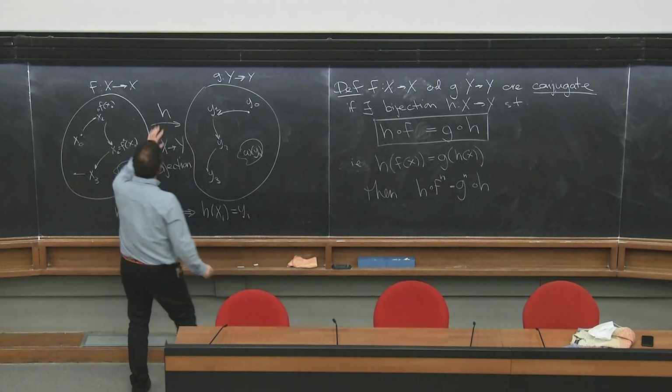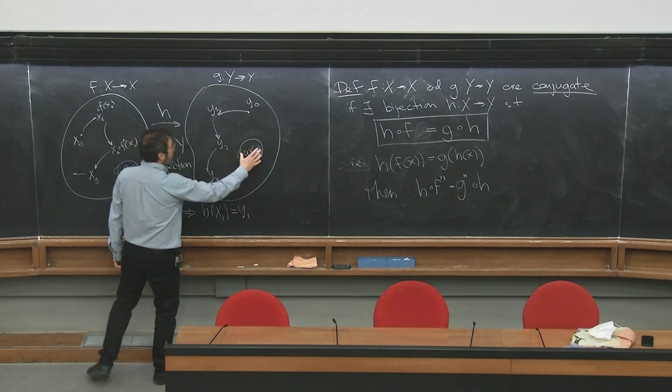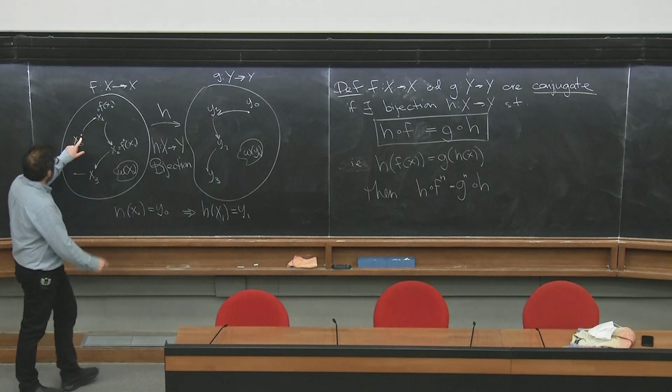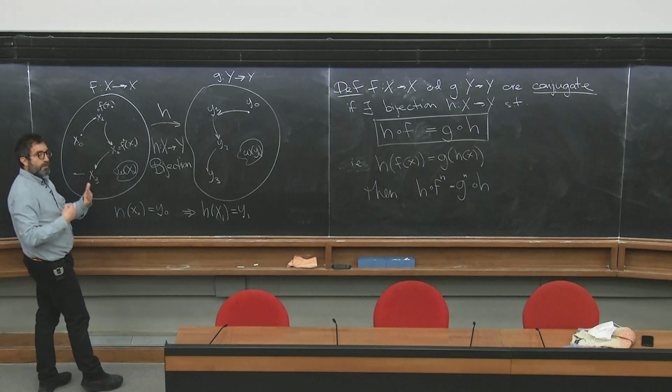We would like this H also to map the omega limit set to the omega limit set. If it maps x naught to y naught, then we would like it also to make sure that it preserves.